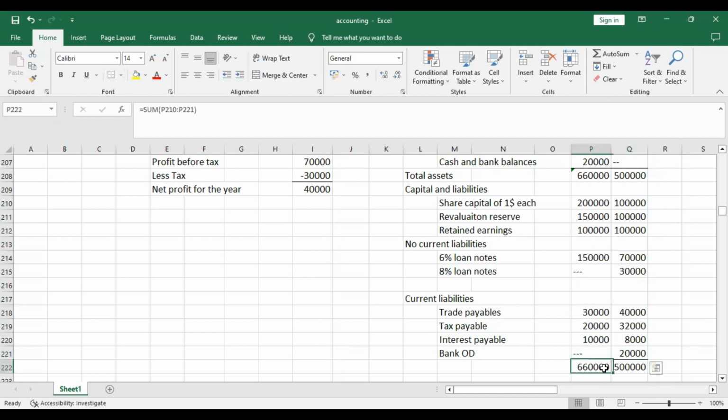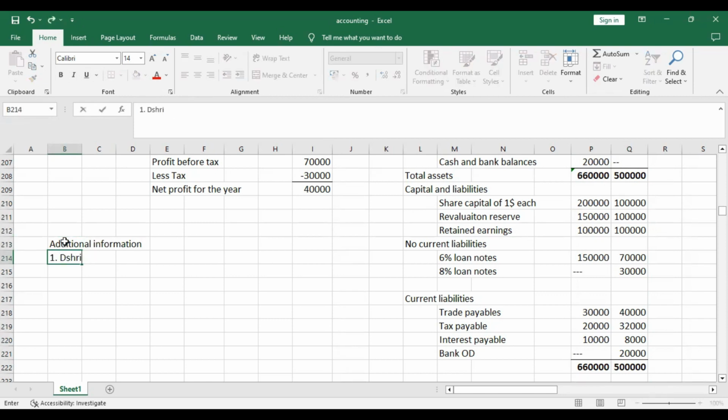Now they have given some additional information. Let me put the additional information. What is the additional information?